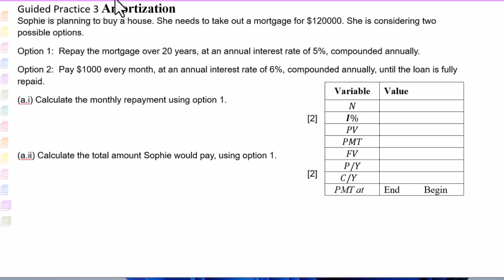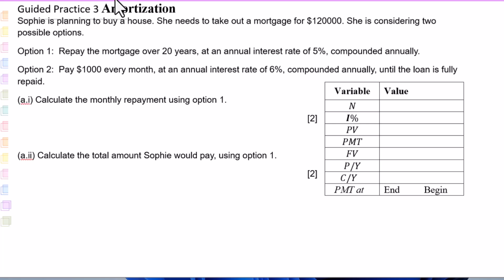Guided practice 3, amortization. Sophie is planning to buy a house. She needs to take out a mortgage for $120,000. She is considering 2 possible options.